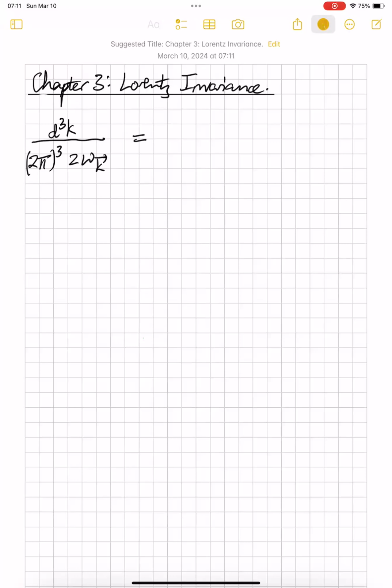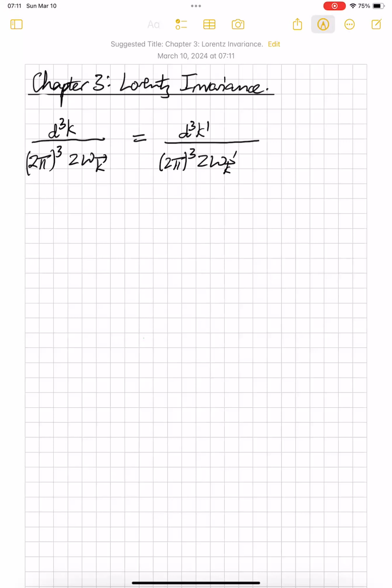So we want to show that this is equal to d^3k' over (2π)^3 2ω_k'. Okay, now you can try to prove this for a general Lorentz transformation.